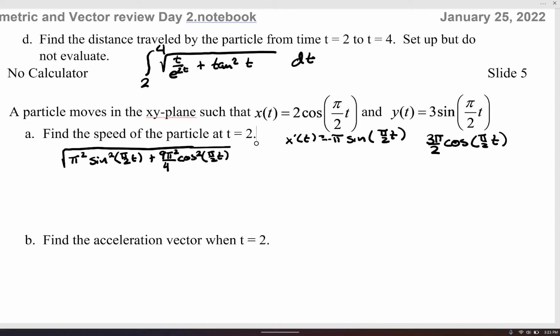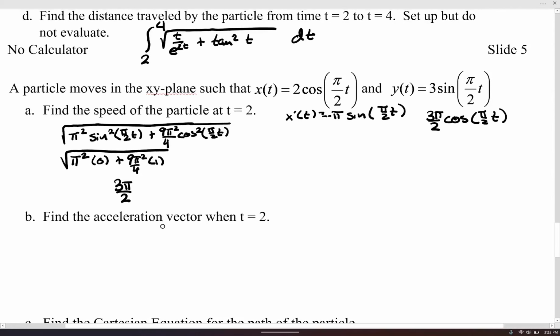Now we need to plug 2 into that, under the square root. Sine of pi is 0, so that piece goes to 0. Cosine of pi is negative 1, but we're squaring that, so that's 1. So 9 pi squared over 4 times 1, and when we square root all that, we have 3 pi over 2.